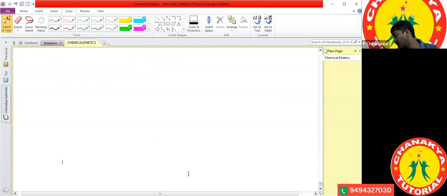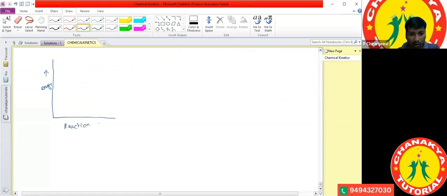Exothermic and endothermic reactions can also be explained graphically. For example, we compare the activation energy of the reactants and the activation energy of the products. I take energy on the y-axis and reaction coordinates on the x-axis.